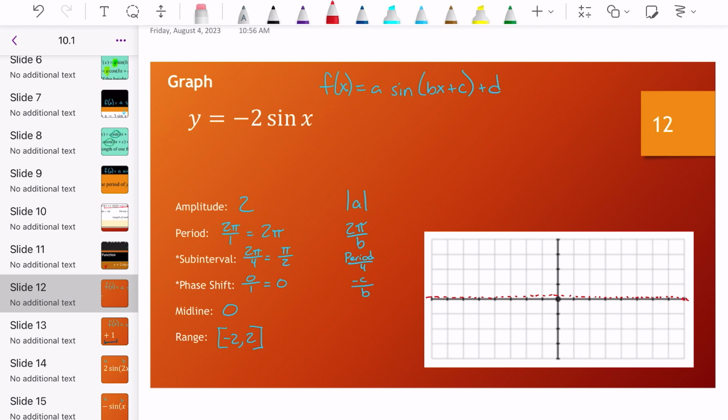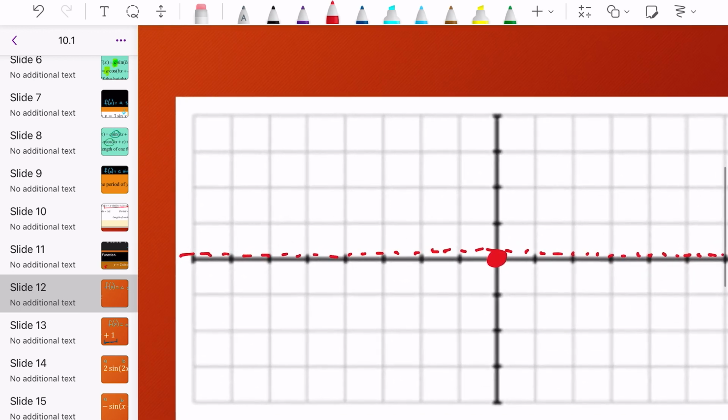Our phase shift tells us where we would begin drawing our entire process. Now, in this case, we would be starting off at 0, which would be right here. And we would also want to go ahead and mark our amplitude. In this case, we would be going to a maximum of +2 and dropping down to a -2.